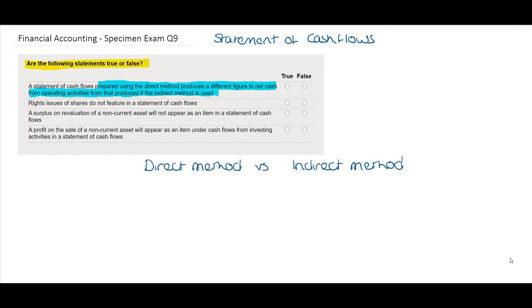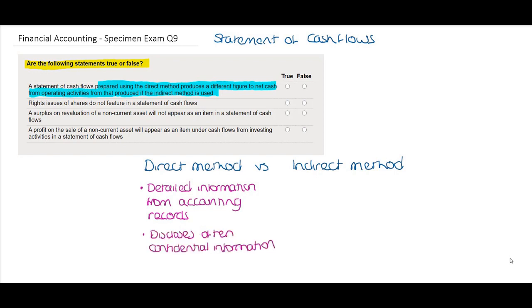The direct method and the indirect method are just different ways of disclosing this area of the statement of cash flows. The direct method requires detailed information from the accounting records, and it discloses information that would otherwise remain confidential for the company. As a result of this, it is often less popular than the indirect method.